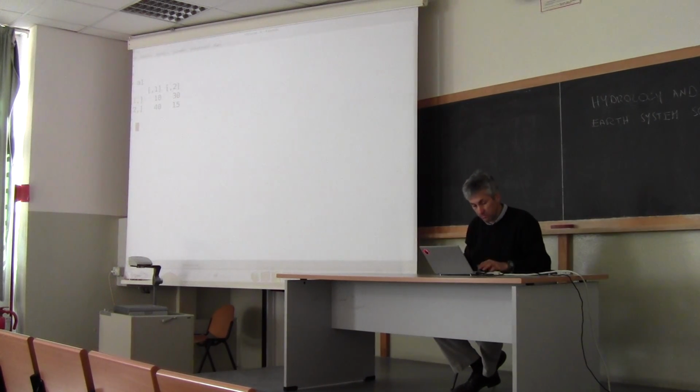So you can get A1[1,1], which is 10, A1[1,2], which is 30, but you could also get A1[1,] and you get the first row, or A1[,1] and you get the first column.